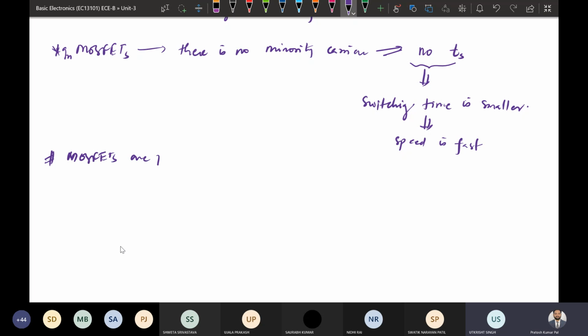MOSFETs are preferred for high frequency applications.